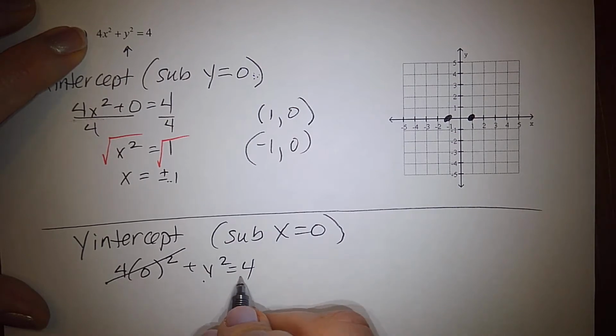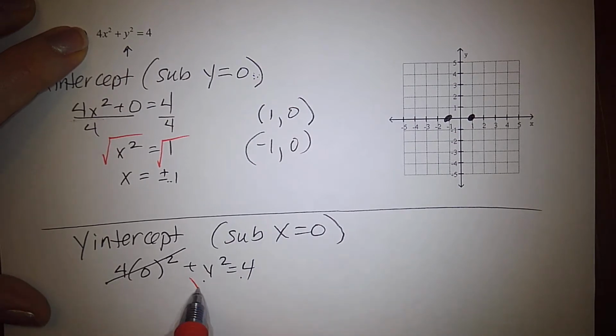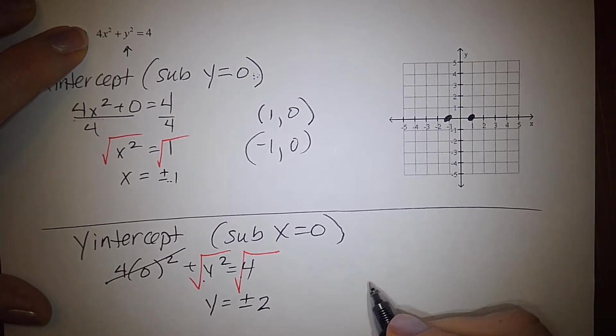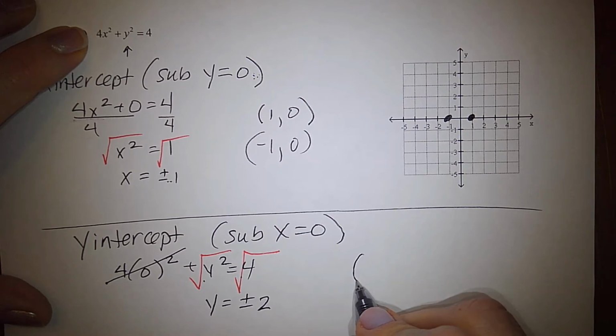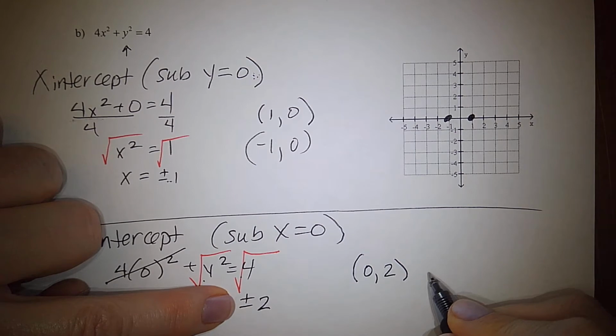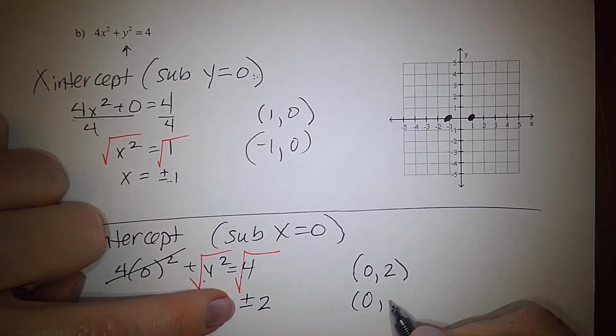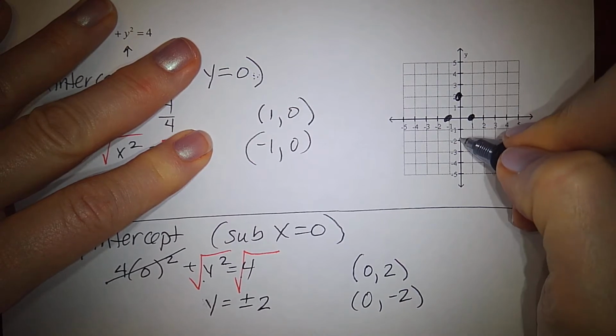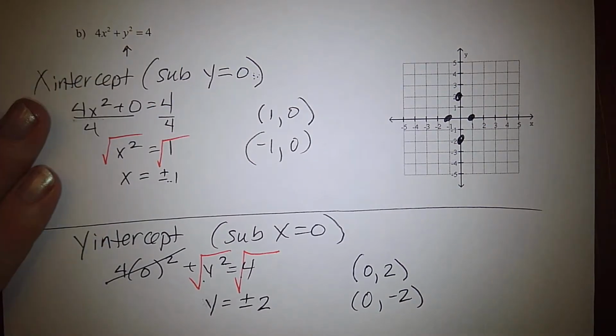So I have y squared equals 4. So I square root both sides, and I have y equals plus or minus 2. So I actually have 2 y-intercepts. One at (0, 2), and the other at (0, -2).